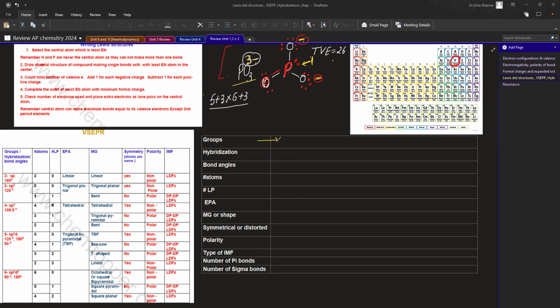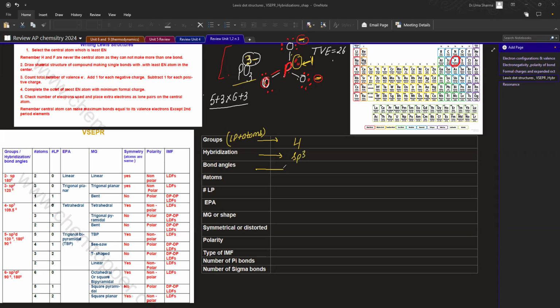Okay, can we do this one fast? How many groups on P? No, Aditi, no, Ariba, no. Afan is right, 4. Groups on P: lone pairs plus atoms. There is 1 lone pair and 3 atoms. And if it is 4, what's the hybridization?